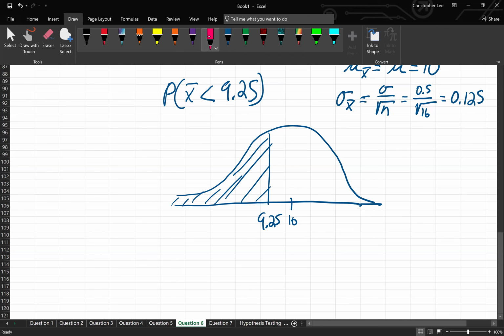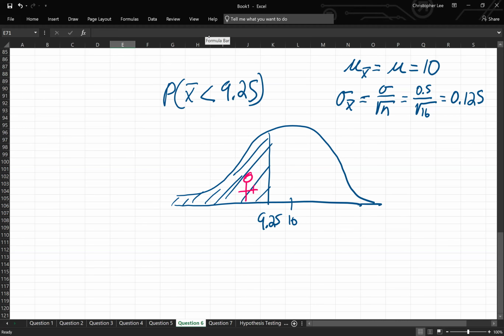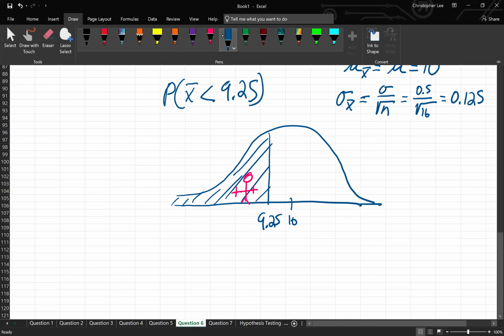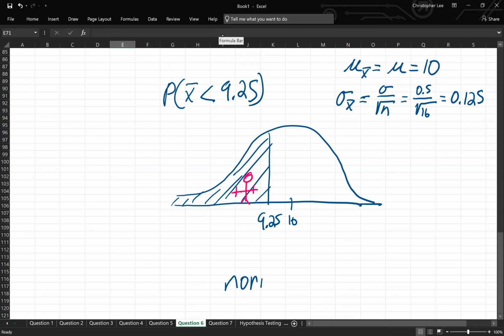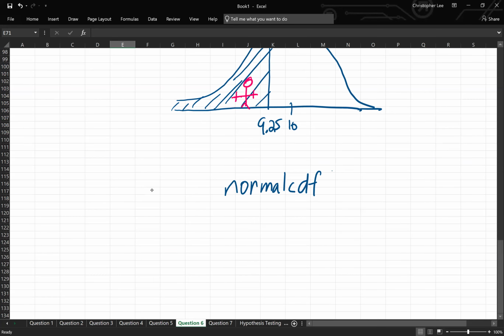Let's pretend for fun that I'm standing right here in the distribution. That being said, on the calculator, what am I going to? Normal what? Good, normal CDF. Do you know how to get to normal CDF? Yeah. Okay, good. So in normal CDF, the first thing they're going to ask you for is your trials, right? Wait, not trials. The mean.